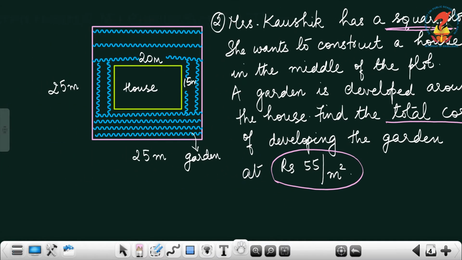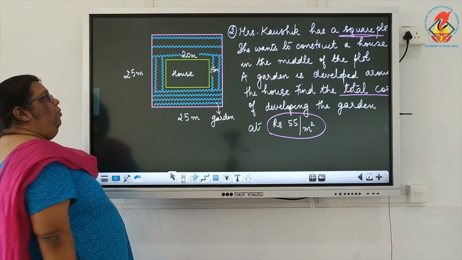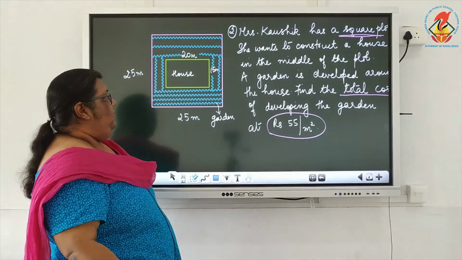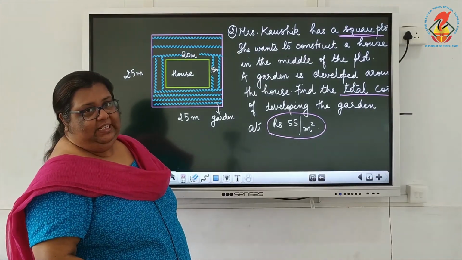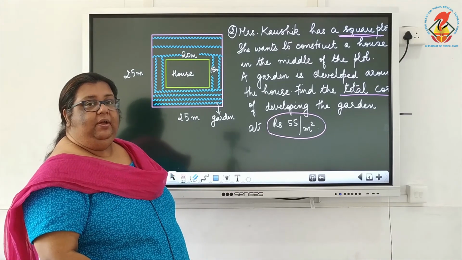Now Mrs. Kaushik's plot is in the shape of a square. 25 meter is the side. For all the four sides will be of 25 meters. Now she wants to build a house in the center. Now what is the shape of the house? Length is given to be 20 meter, breadth is given to be 15 meter. When you have length and breadth, what is the shape?